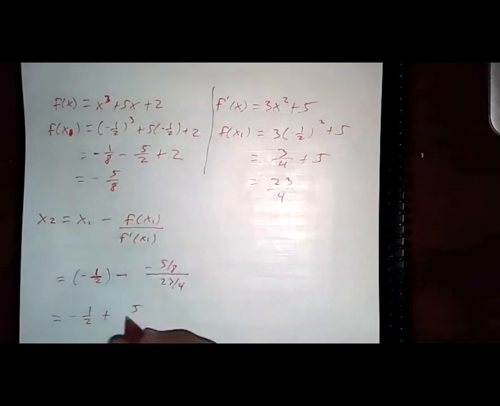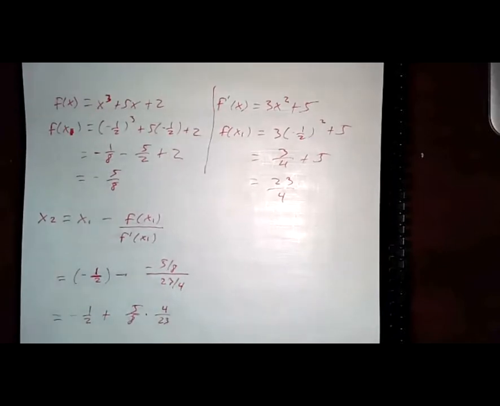It'll be 5/8 times 4 over 23. Approximately negative 0.3913.